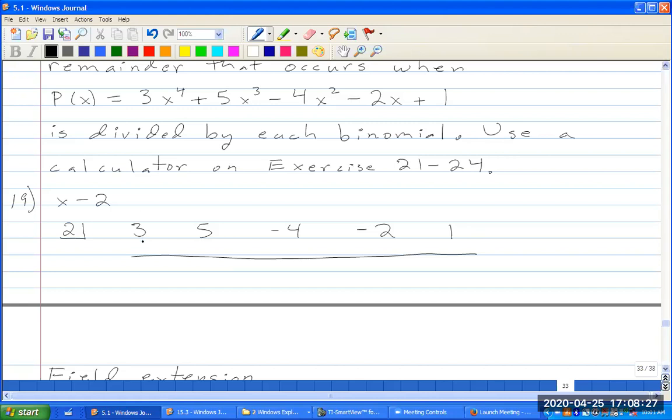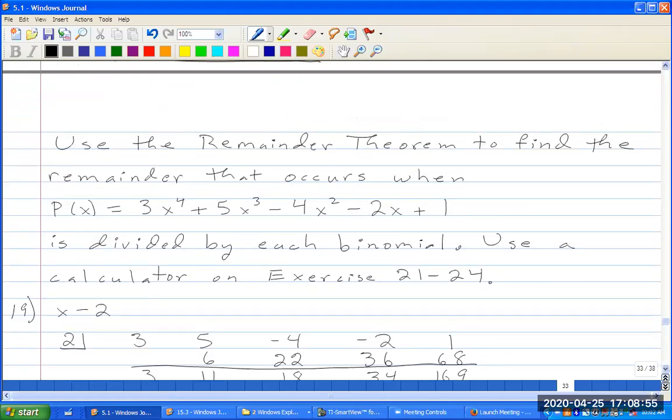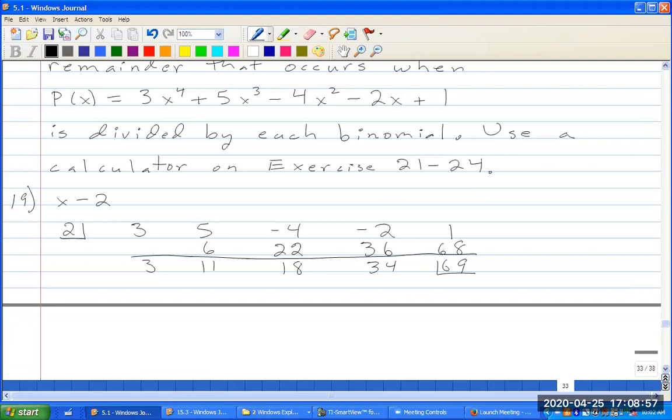So drop down the 3, times 2 is 6, plus 5 is 11, times 2 is 22, minus 4 is 18, times 2 is 36, minus 2 is 34, times 2 is 68, plus 1 is 69. And so this says that the remainder is 69.